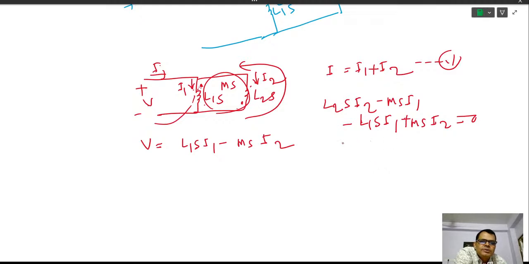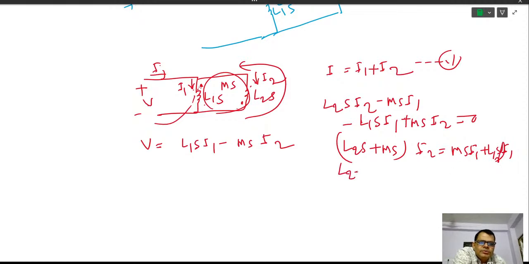Okay, so we got L2S plus MS I2 is equal to MS I1 plus L1S I1. Let's say S cancels.